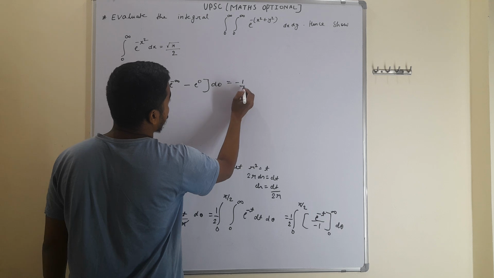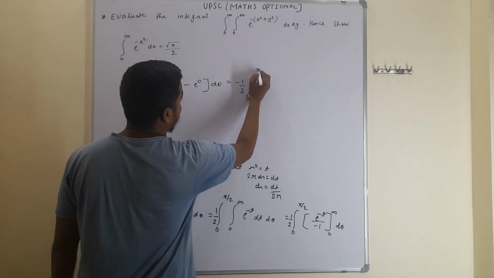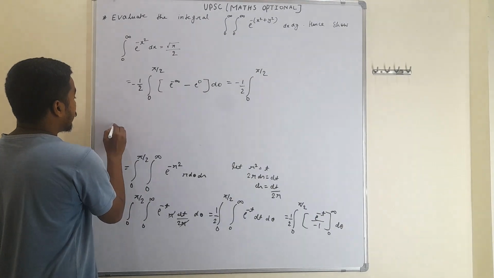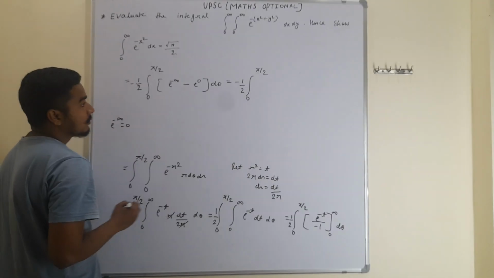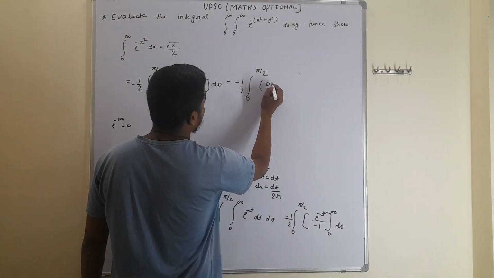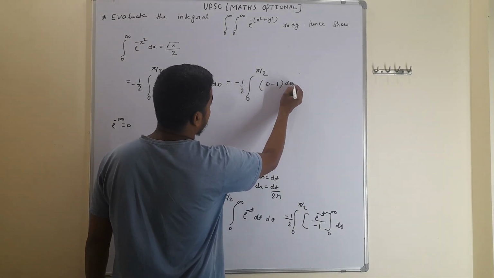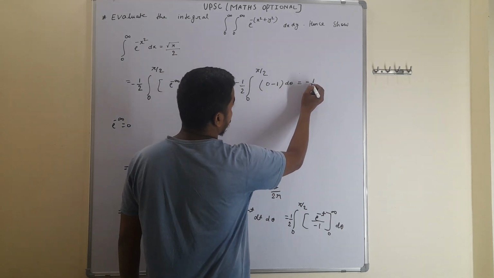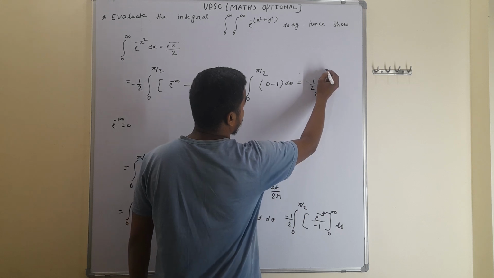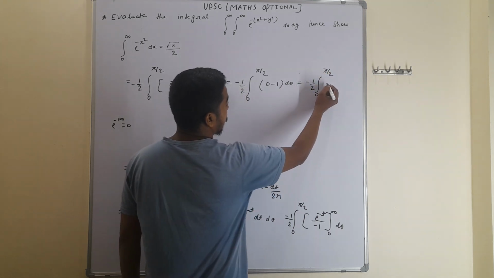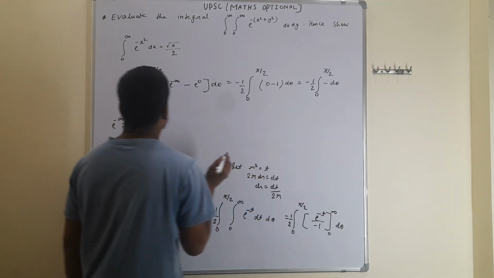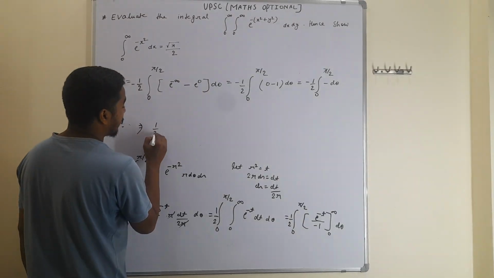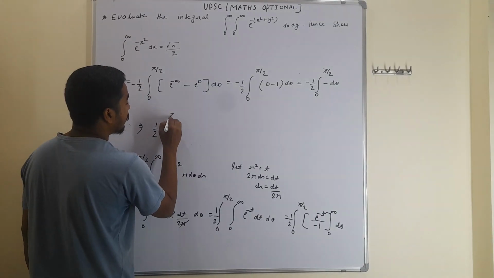That is minus 1 by 2 integration 0 to pi by 2, and e to the power minus infinity is 0, so putting 0 minus 1 d theta, that is minus of minus 1 by 2 integration 0 to pi by 2 of d theta. Minus minus is plus, 1 by 2, 0 to pi by 2 d theta.